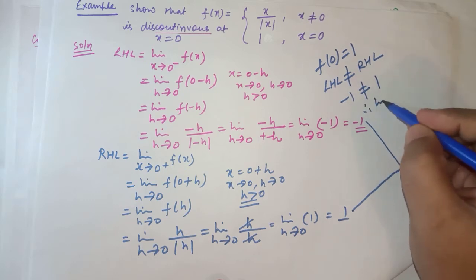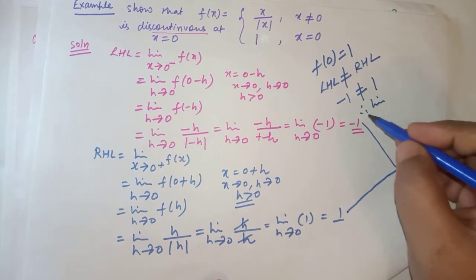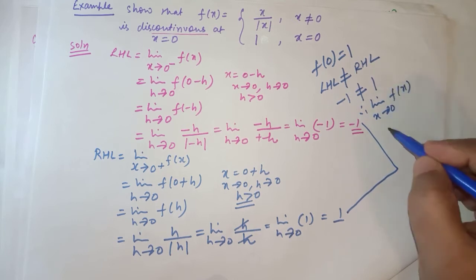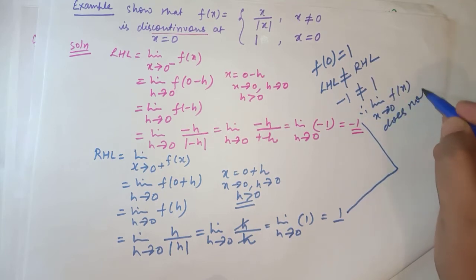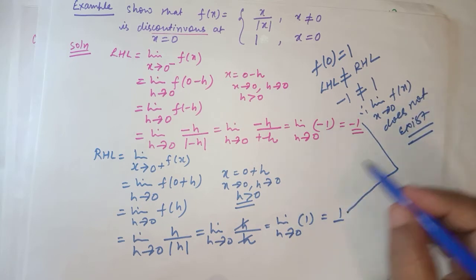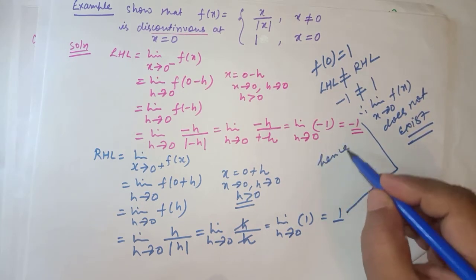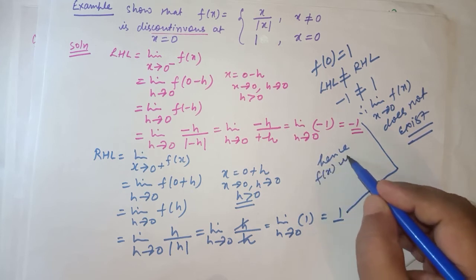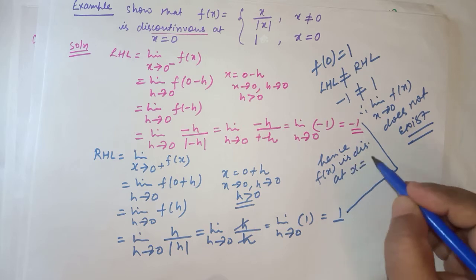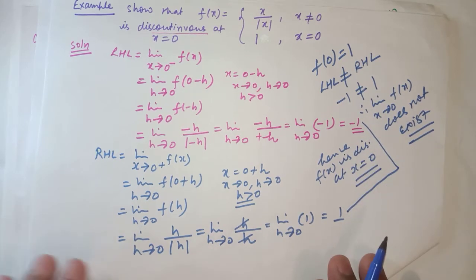So therefore the limit x tends to 0 of f(x) does not exist. Clear? And hence f(x) is discontinuous at x equal to 0. Clear?